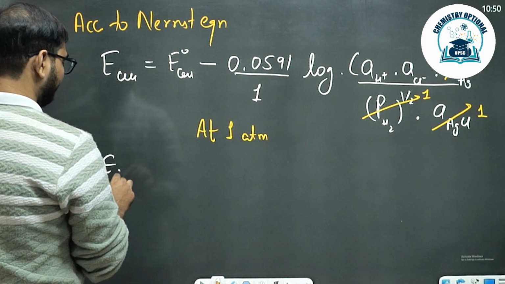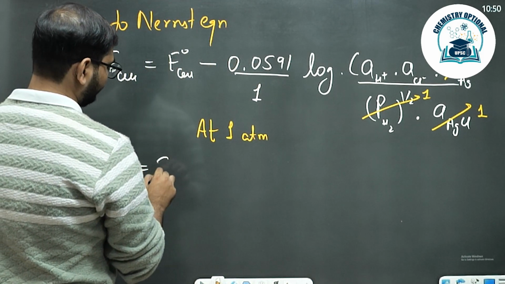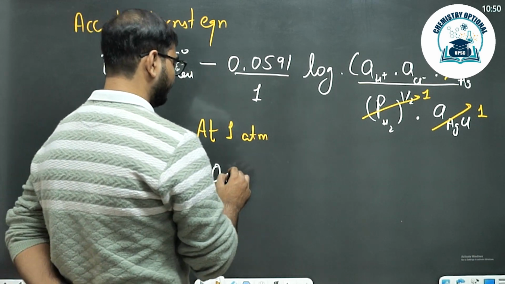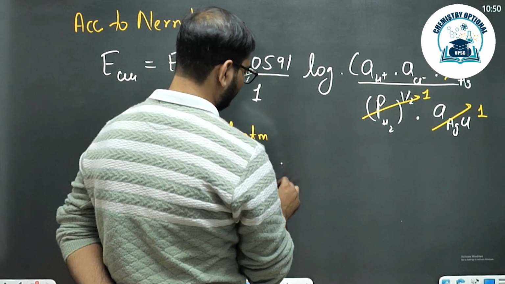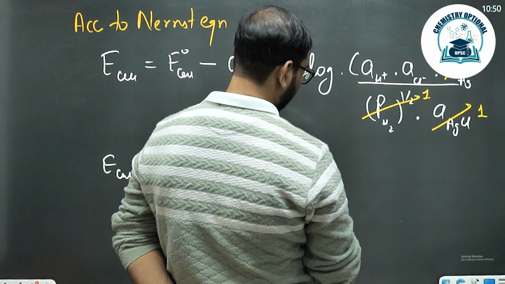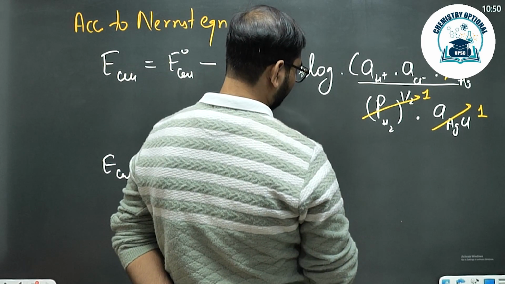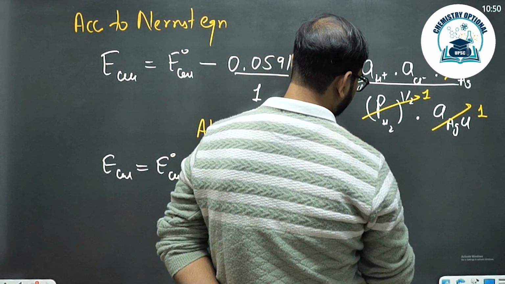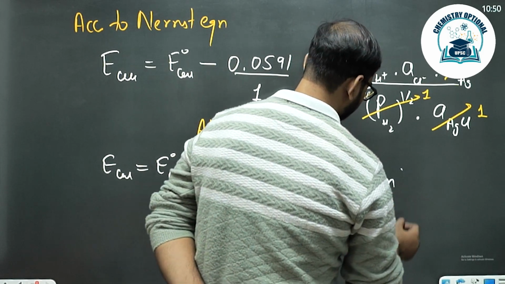I'm left with EMF of cell, which is E naught of cell, which again we already know, minus 0.0591 log of activity of H plus, which can be represented as activity coefficient of cation multiplied by its molarity, multiplied by activity coefficient of anion multiplied by its molarity.